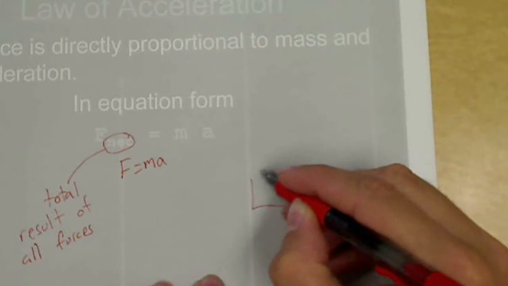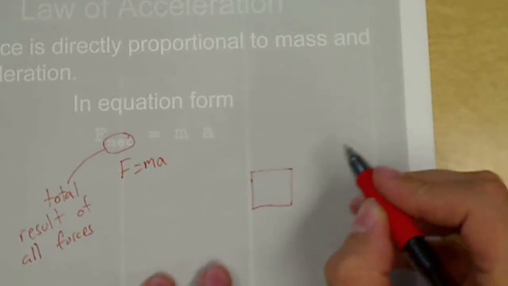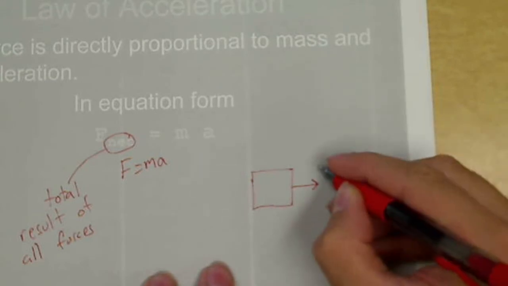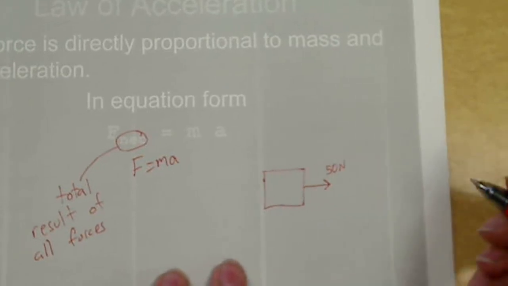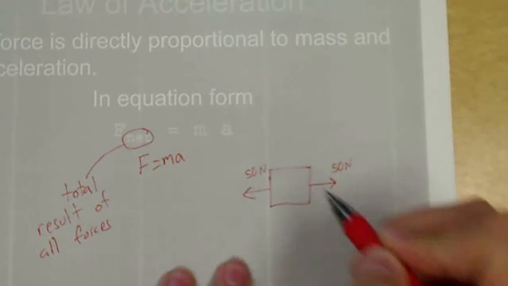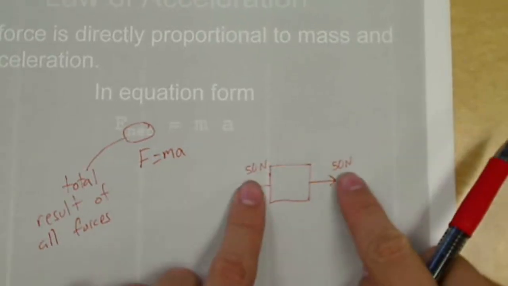This is important because if I had an object here and it was being pushed to the right with 50 newtons of force, and someone was pushing it to the left with 50 newtons of force, so two different people pushing in two different directions, but just as strong, that's zero net force. Those two forces are completely canceling each other out. So it's not enough just to look at one, we actually have to look at the total forces, because that's going to affect what's happening.